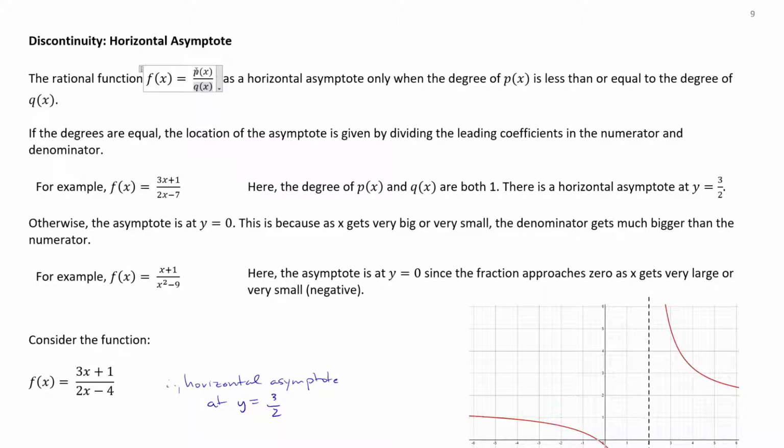If the numerator has a lower degree, then we have a horizontal asymptote. Okay? So this is the important part right here. Horizontal asymptote only when the degree of p(x) is less than or equal to the degree of q(x).